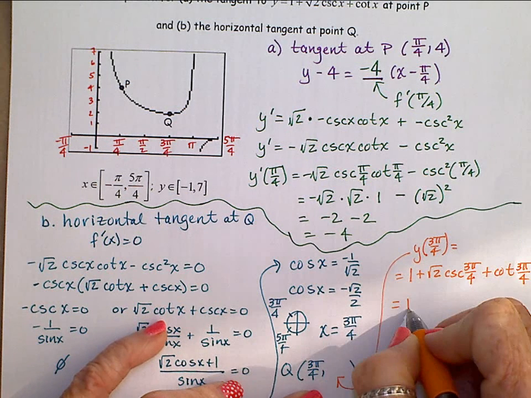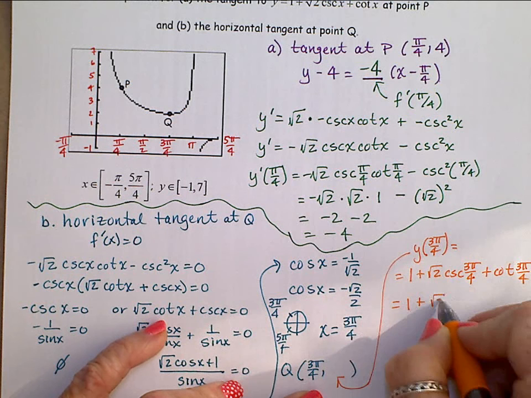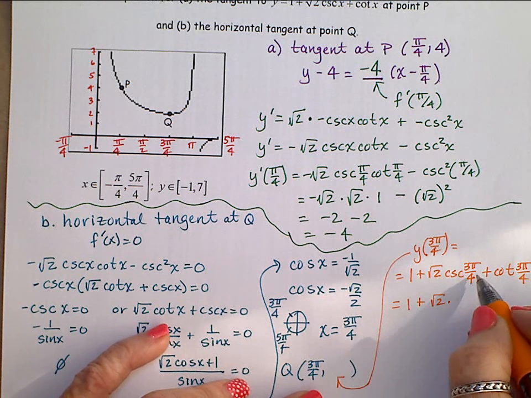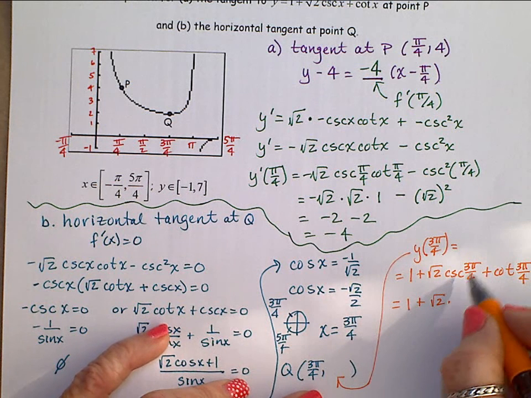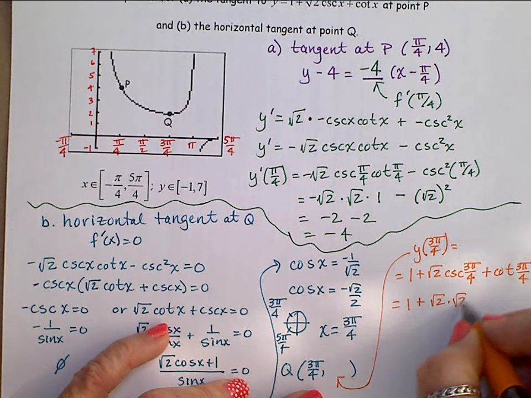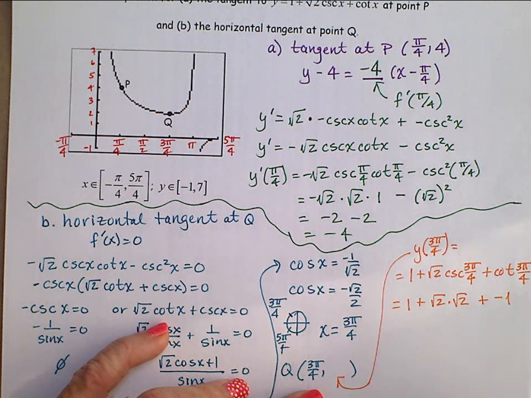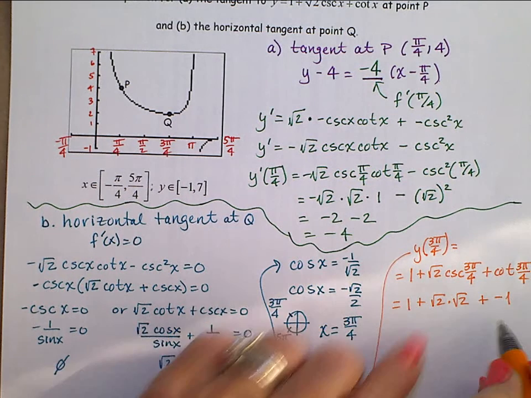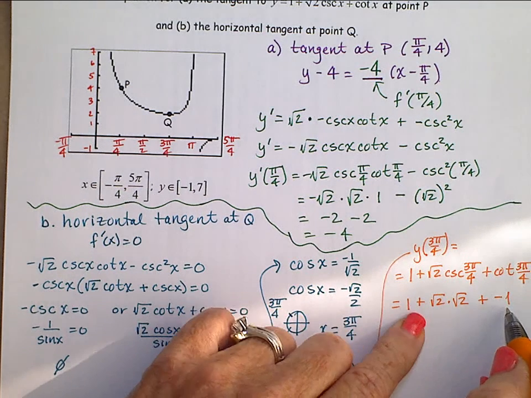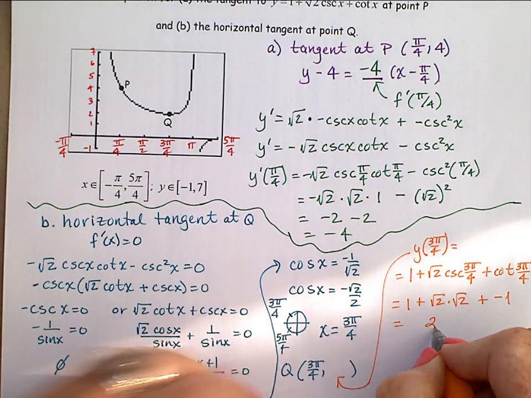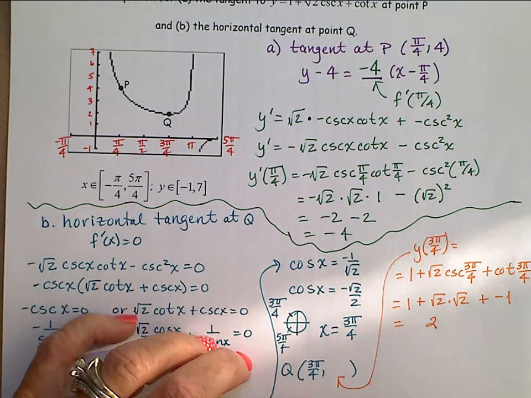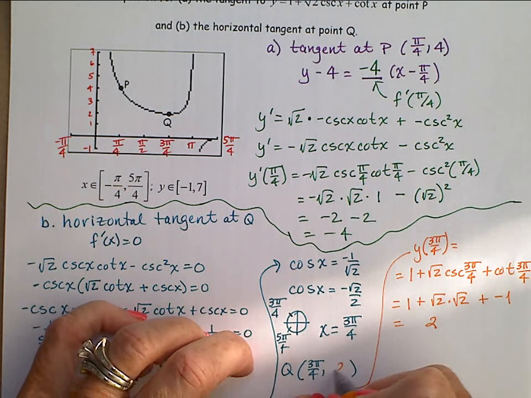We'll have 1 plus square root 2 times cosecant of 3 pi over 4, which is positive square root 2. Cotangent of 3 pi over 4 is negative 1. Negative 1 and 1 subtract out, so we are left with 2. There's the y coordinate for Q.